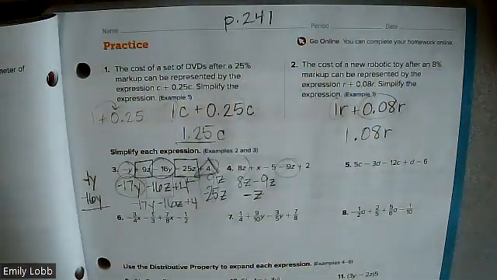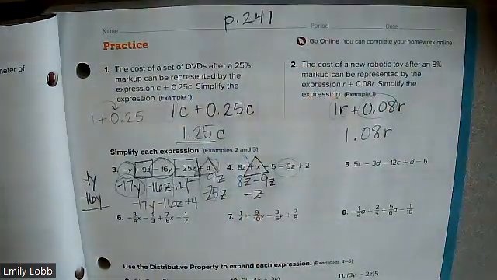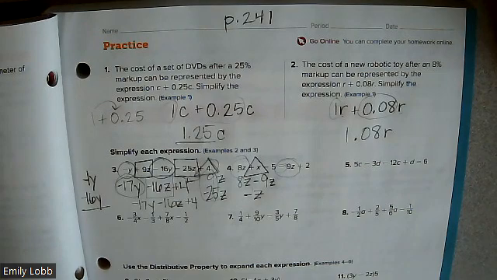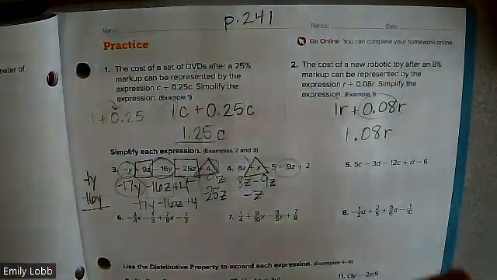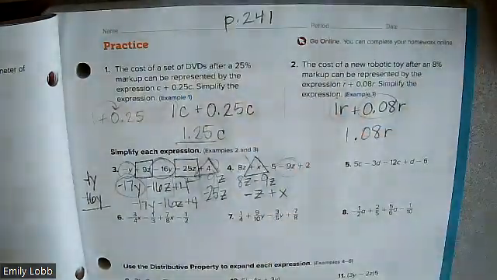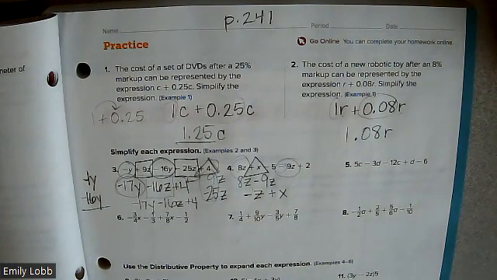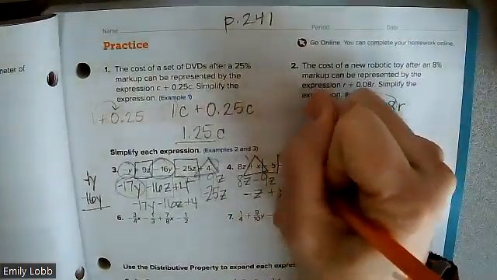Then we move on to the next term. Is there anything that we can combine with this X? Is there anything else with an X in it? No. So we're just bringing that down because we have to include it in our simplified expression. It doesn't just go away, right? So now I'm moving on to my next term, negative 5.